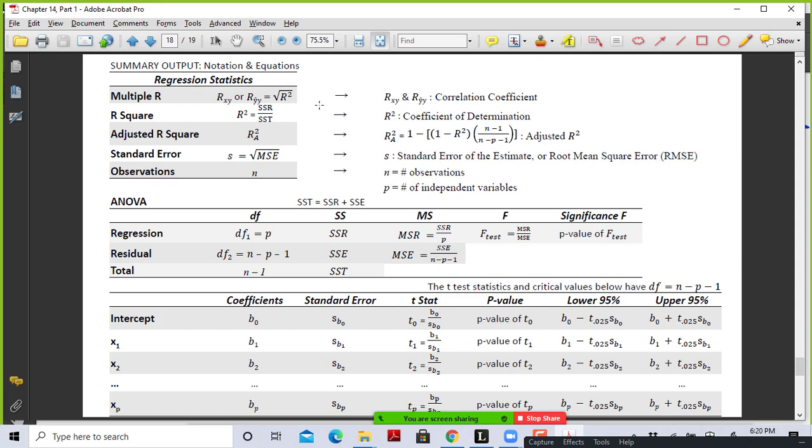Actually, I would recommend you print it out, although it will be given in the exam.